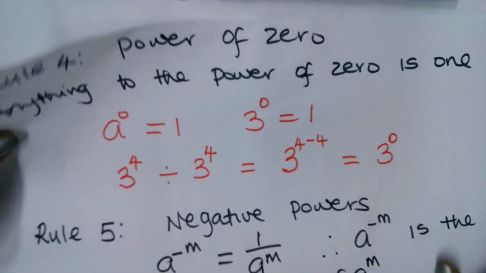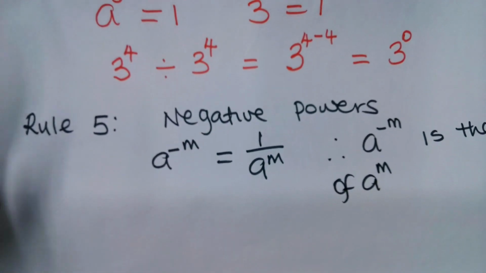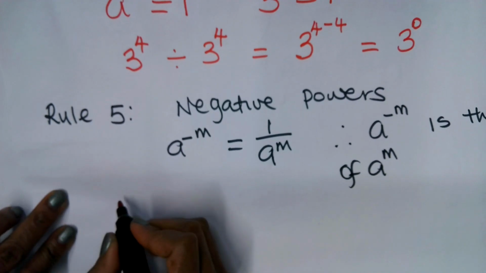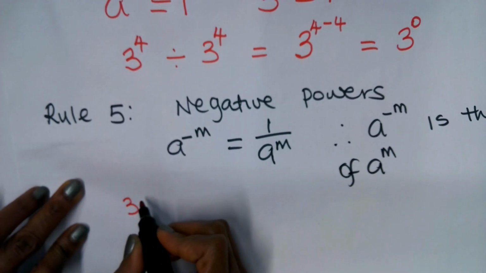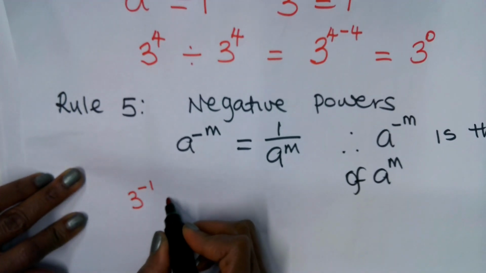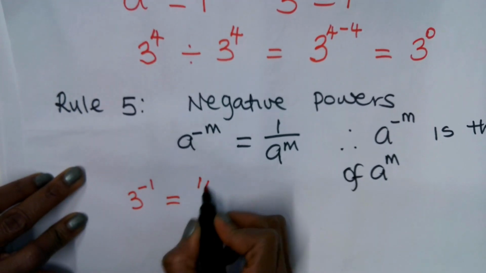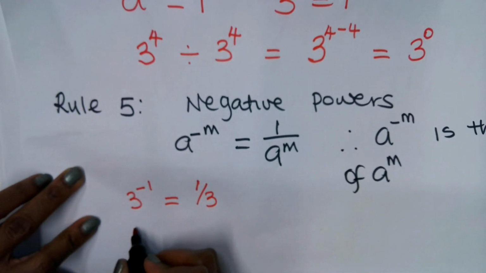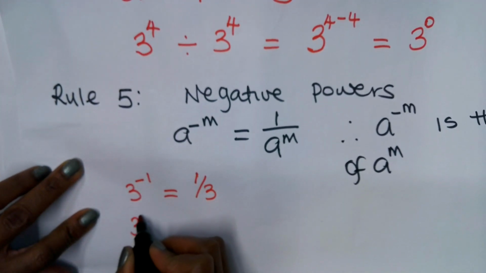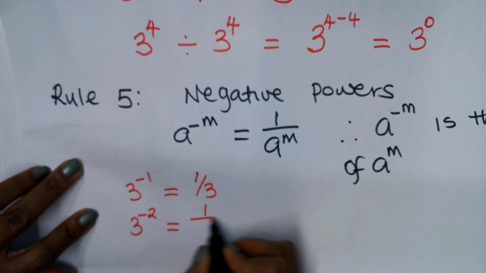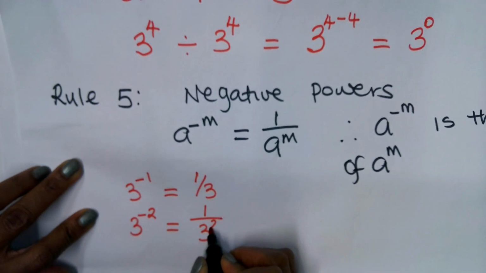So we're going to look at some examples. If I've got 3 raised to the power minus 1, this means 1 over 3. And if I've got 3 raised to the power minus 2, this means 1 over 3 raised to the power of 2.